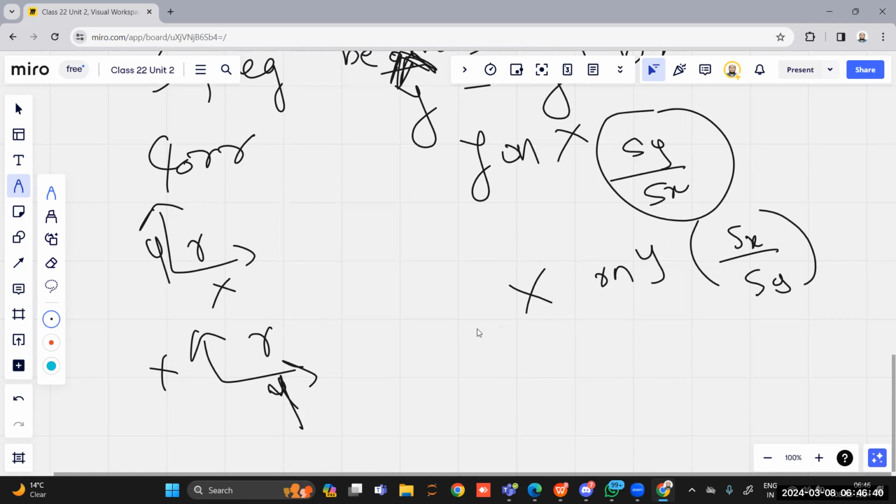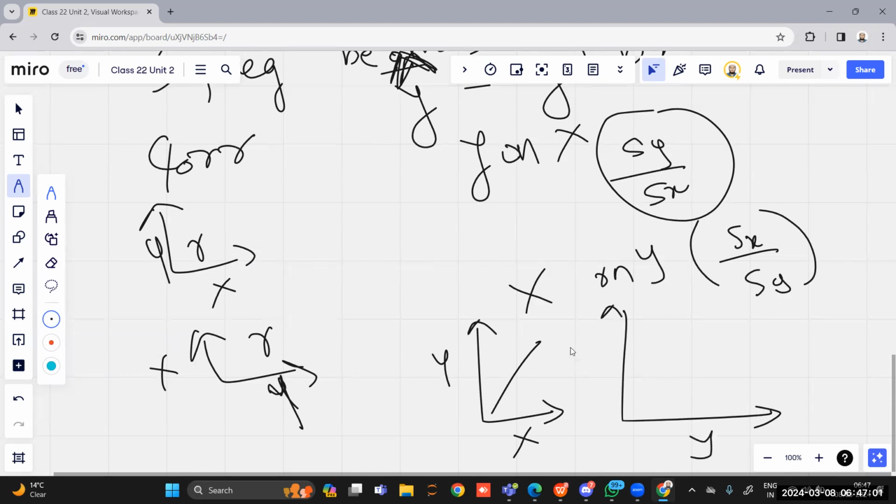It is very simple. See here. Suppose this is x and this is y, and the line is coming like this. But if I change things, the correlation remains the same, as it is positive. But if I do y and x, it was going like this, correct?